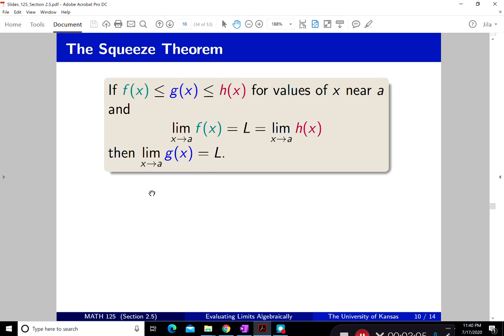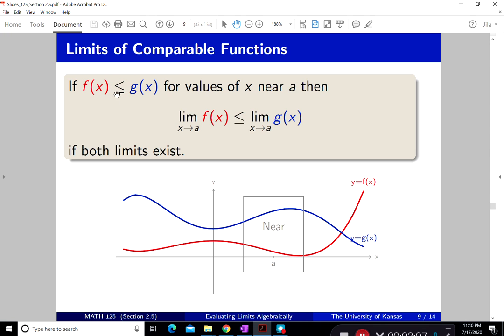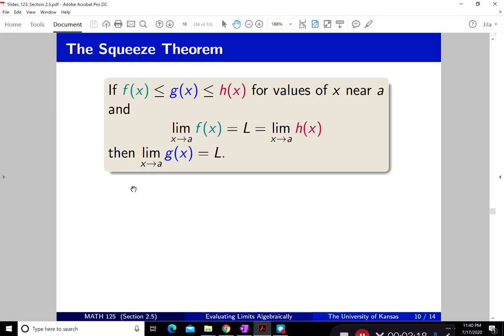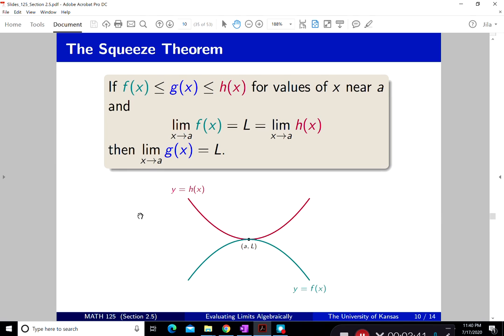Back in here we showed that if one function is less than or equal to the other, the limits are less than or equal, but both limits have to exist. This one is telling you a tiny bit more. It says if one function is squeezed between two other ones, and the outer functions have limits at a point as x approaches a, then the limit of the middle one exists and is equal to L. When is this good?